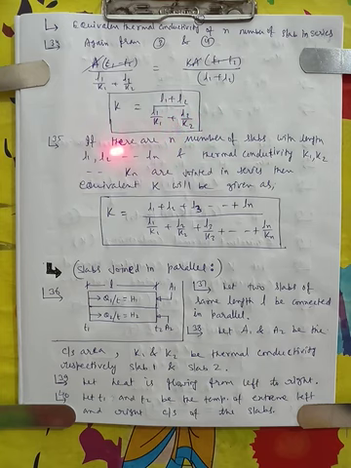Similarly, if n slabs having lengths L1, L2, up to Ln and thermal conductivities K1, K2, up to Kn are joined in series, then the equivalent thermal conductivity is K equal to (L1 plus L2 plus L3 and so on up to Ln) divided by (L1 by K1 plus L2 by K2 and so on up to Ln by Kn).